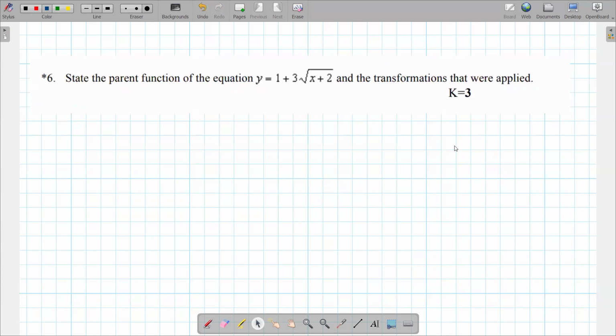Okay, state the parent function of the equation and the transformations that were applied. All right, this is a 10-second question worth 3 points. It's quite simple as well. What's the parent function? Okay, what are the transformations that were applied?